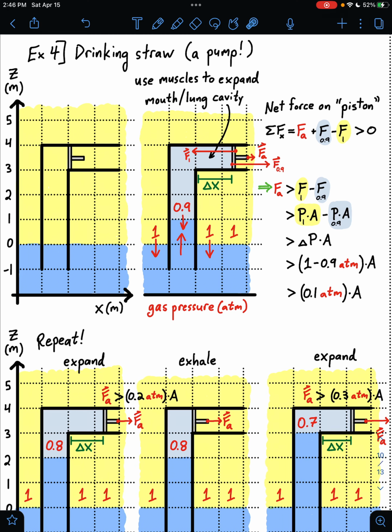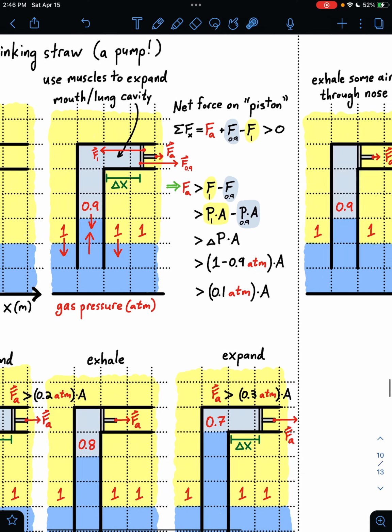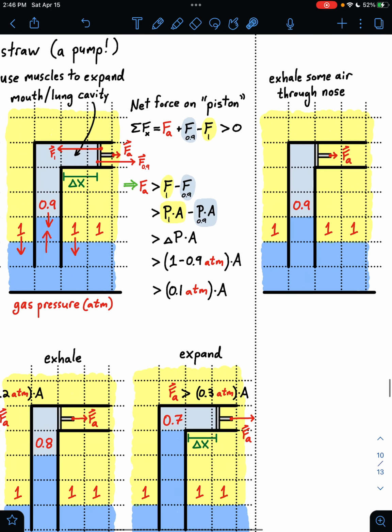Although at this point, you're going to have to breathe out and exhale a bit because your chest can't keep on expanding forever. So you'll have to exhale some air through your nose, perhaps, if you're keeping your mouth on the straw. That allows your chest to collapse a bit, and we let some of this air out. We vent it out through your nose.